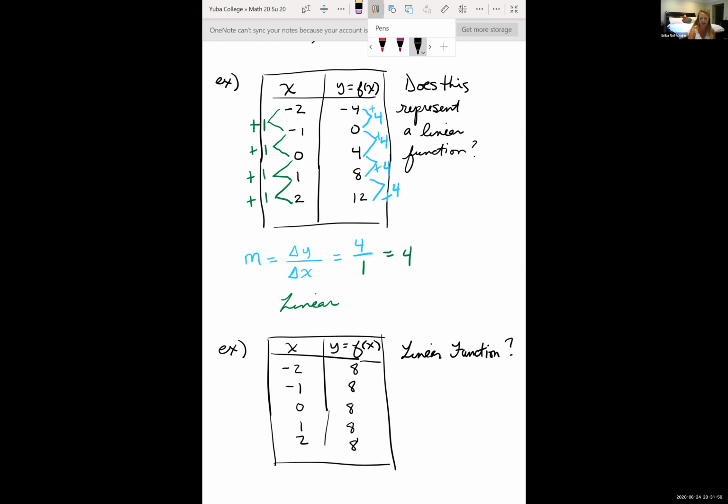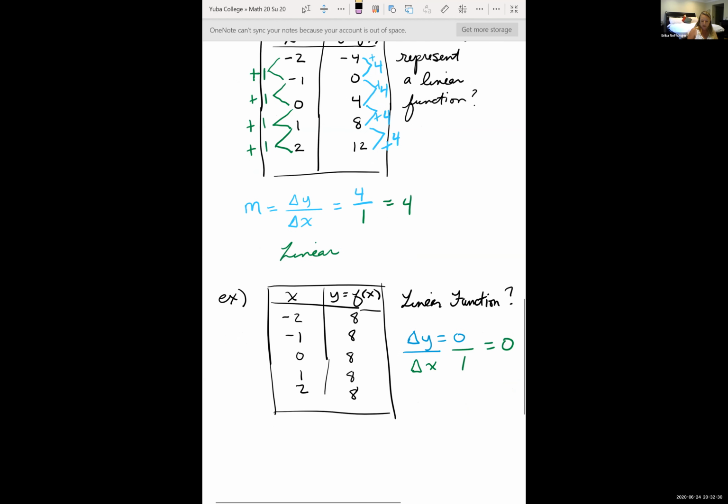So the rate of change for y, that was 0, over the rate of change in x, that was always 1. So it's a linear function. If we graph that, you get a horizontal line, and our slope is 0.